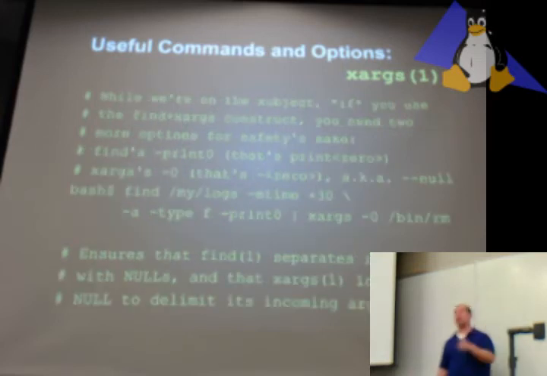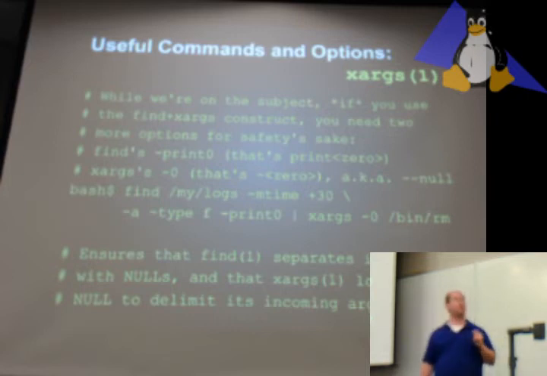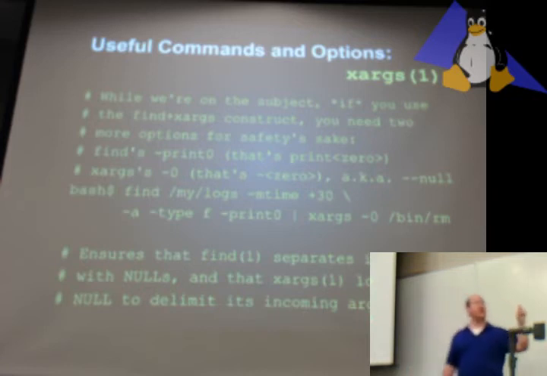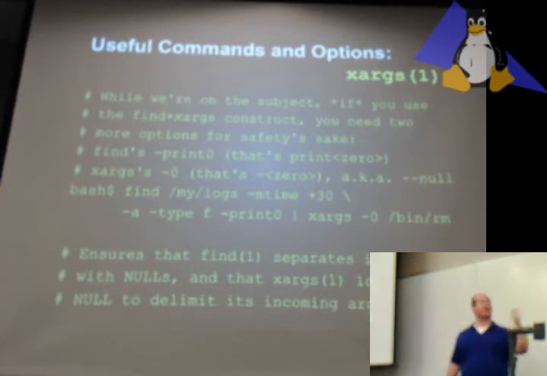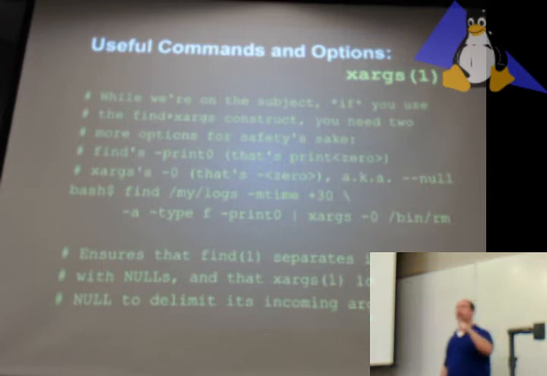If you are going to use find piped to xargs, these two options you desperately need: -print0 on find and -0 on xargs. Print0 for find, so you just do find blah blah blah minus print0, means that it will separate each file that it finds with a null character. -0 to xargs means don't break your incoming arguments on space, break them on null characters.